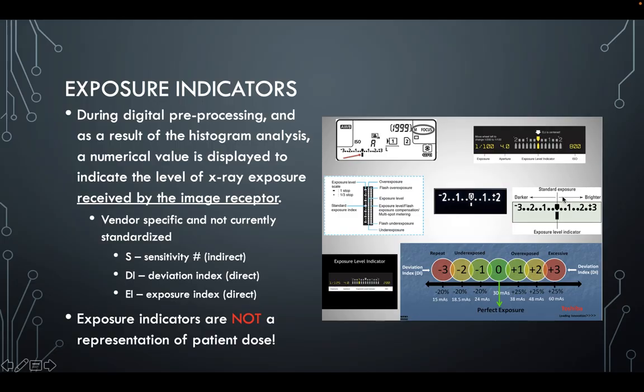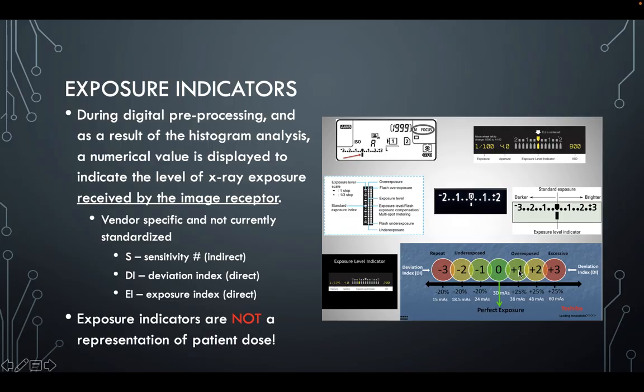Now, all these others are examples of other systems. You might see a sensitivity index, and that's going to be indirect. If the sensitivity number was really high, that indicated an underexposed image. Whereas with a deviation index and an exposure index, which is what Siemens uses, so Siemens uses EI or EXI, and GE uses DI, it is direct.